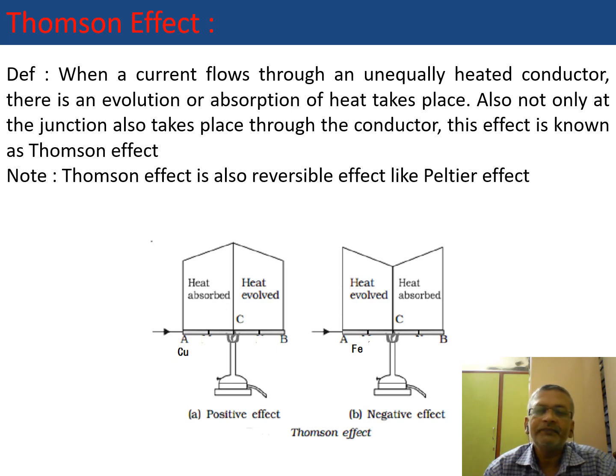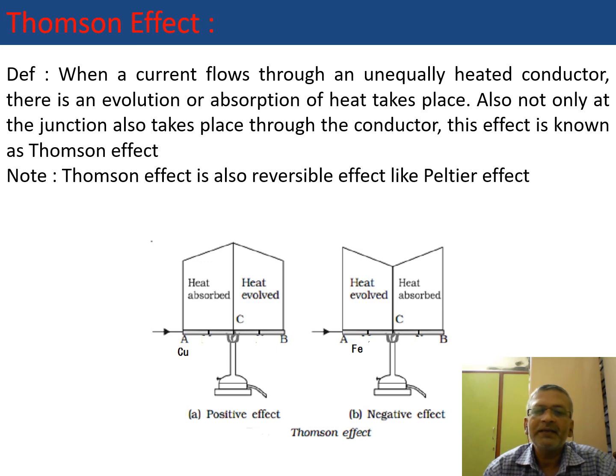See here, we have taken a copper rod. A and B are the two ends of the copper rod, and C is the middle point. We heat it using a Bunsen burner at point C, and heat moves from C to B and from C to A in equal distribution.